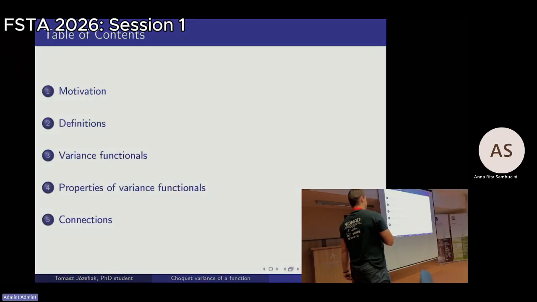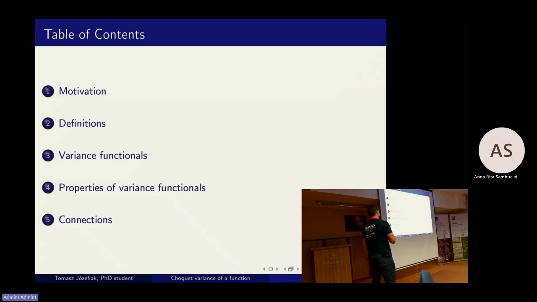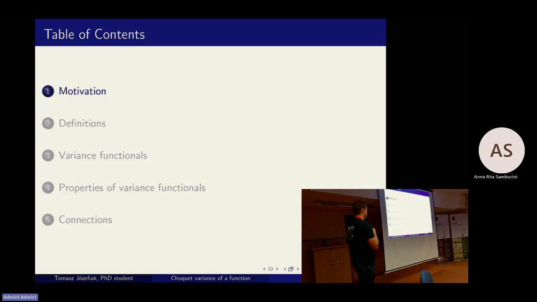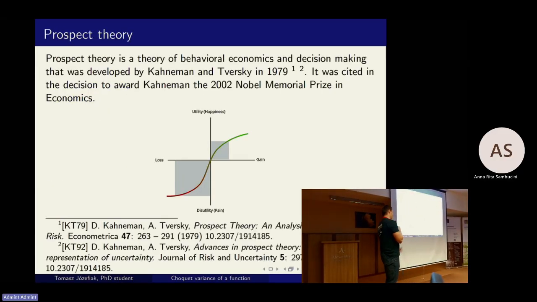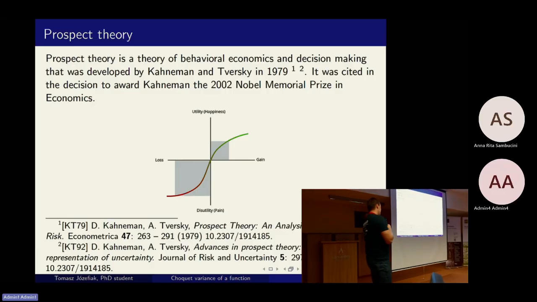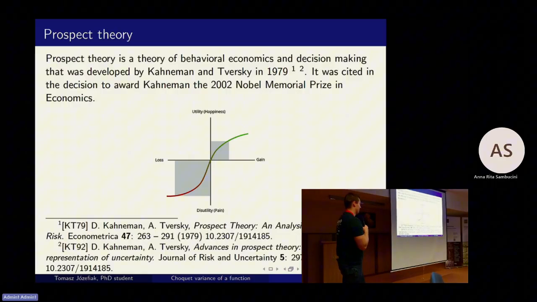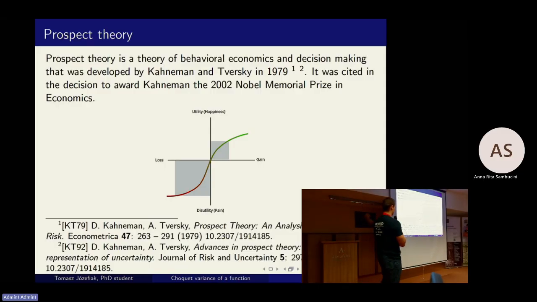So let me start with the motivation behind all of that. For that, we have to move a little back in time. In fact, we will be moving back to the year 1980, when the paper regarding prospect theory was established by Kahneman and Tversky, and for that he received the Nobel Prize in economics.